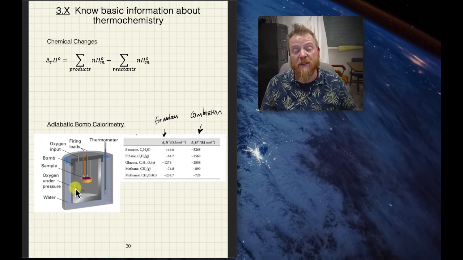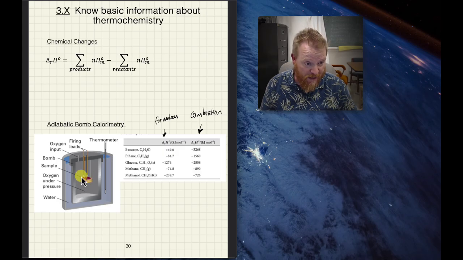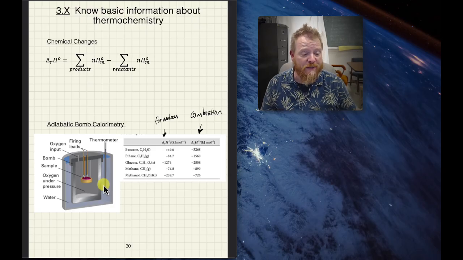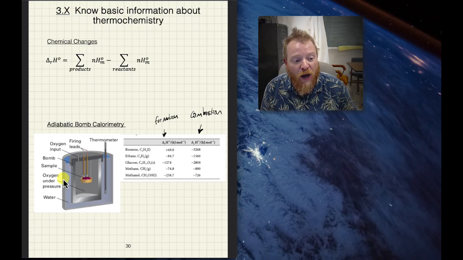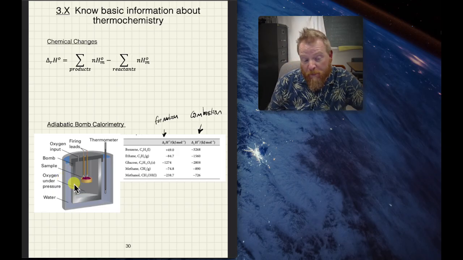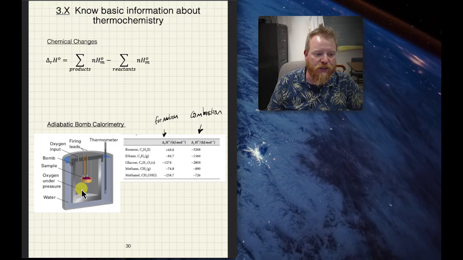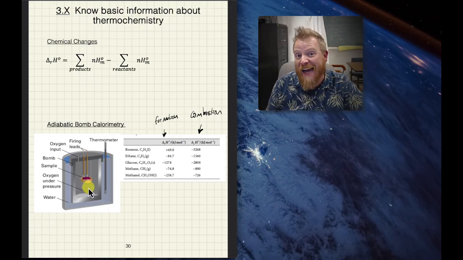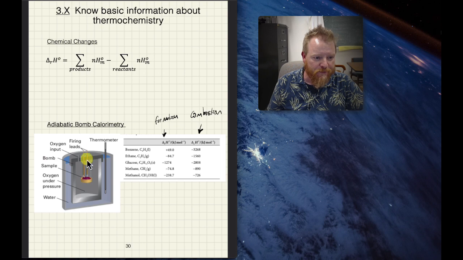So what happens in these bomb calorimeters is you place a sample in this sample cup, which is in a pretty thick-walled steel container that is then placed inside a water bath. The bomb, this steel container, gets charged up with a large amount of oxygen, typically about 30 atmospheres of oxygen. And these detonator leads will ignite the sample.